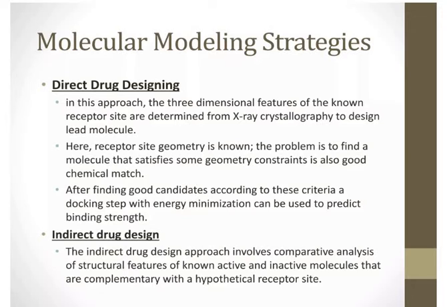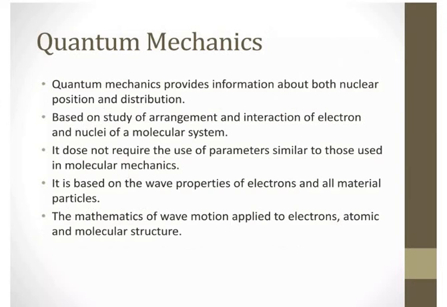After finding good candidates according to these criteria, a docking step with energy minimization can be used to predict the binding strength. So indirect drug design approach involves comparative analysis of structural features of known active and inactive molecules that are complementary with the hypothetical receptor site.